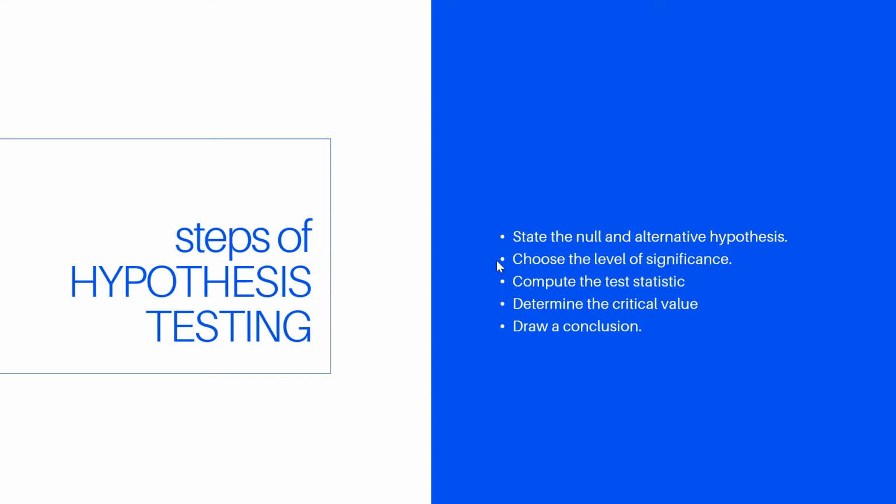So we have five. One, we have to state the hypothesis, or formulate the hypothesis. We have two kinds of hypothesis: the null hypothesis and the alternative hypothesis. The null hypothesis is the hypothesis in which the two variables have no significant difference.